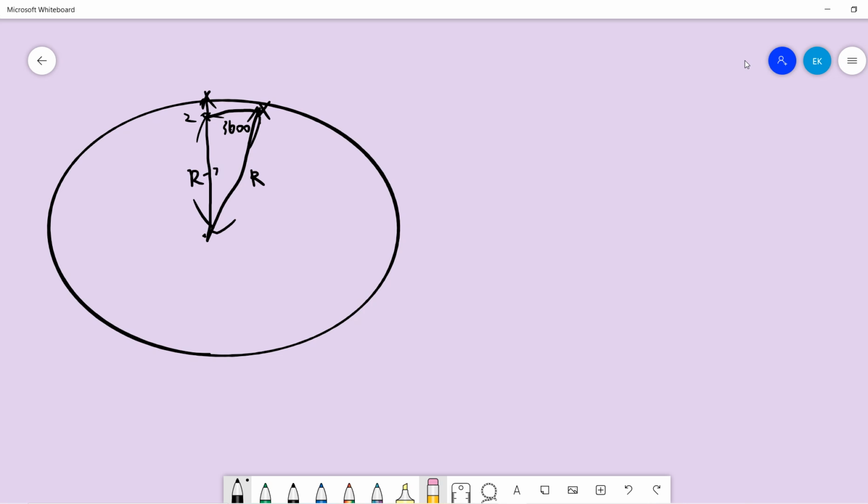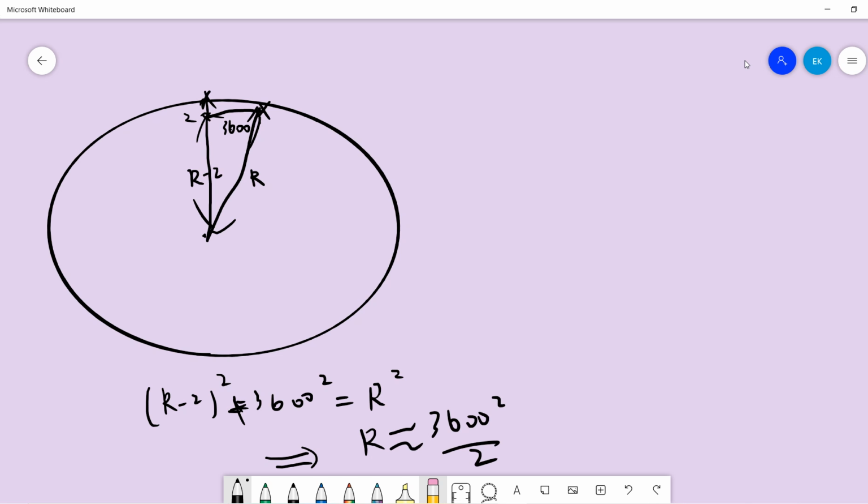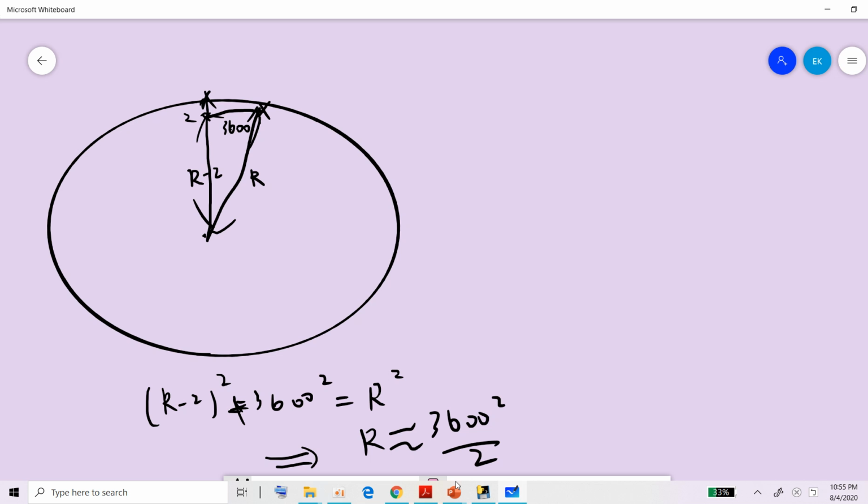This is r minus 2. So from the Pythagorean theorem, r is approximately this one. We don't compute it until we do the final calculation. And they ask about what.